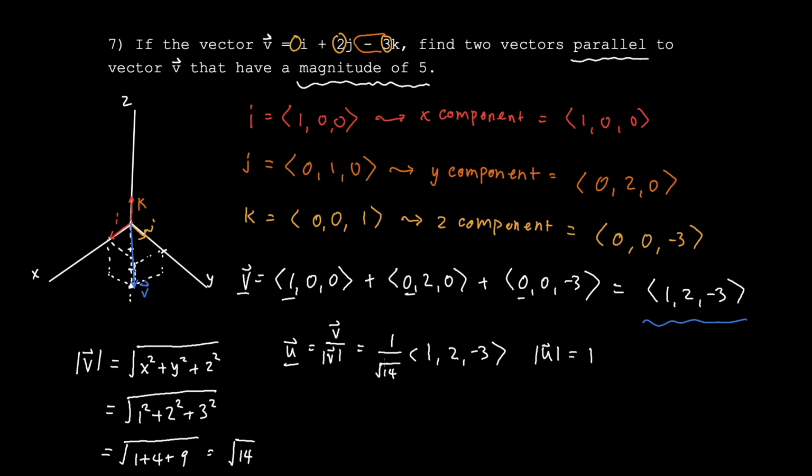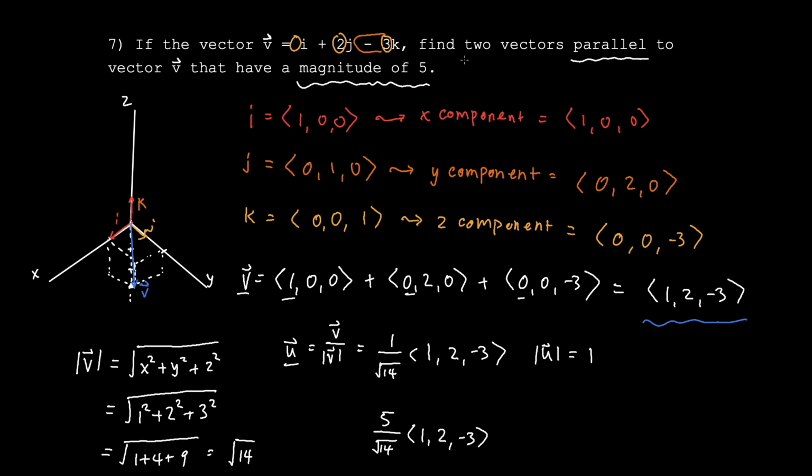So to get this vector to have a magnitude of 5, all we need to do is multiply the unit vector by 5. So multiplying the unit vector by 5 gets us 5 over the square root of 14 times 1, 2, negative 3. And this is great. We found one of the vectors that is parallel to vector v that has a magnitude of 5. What are we missing?